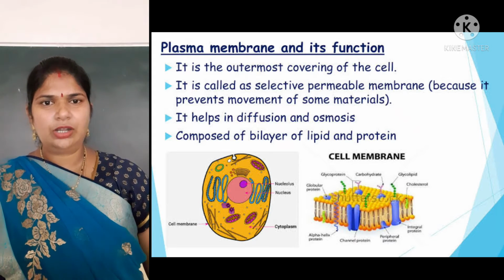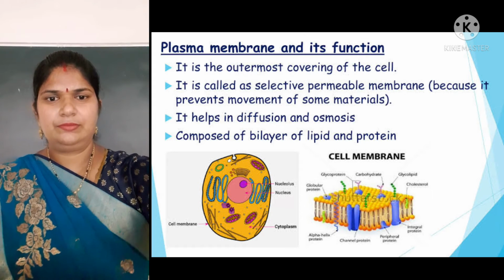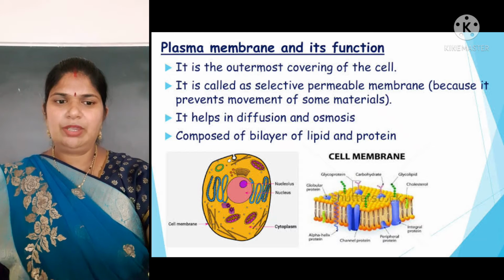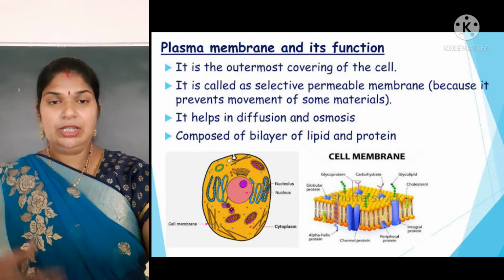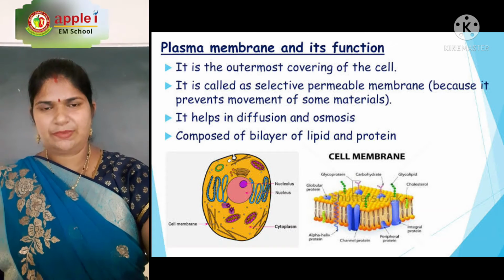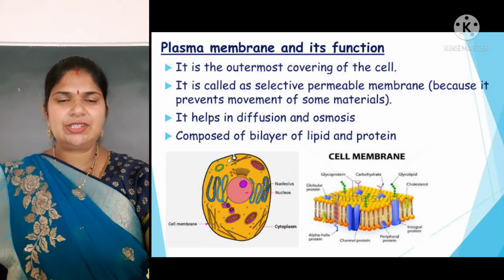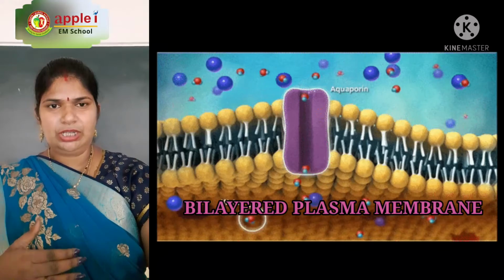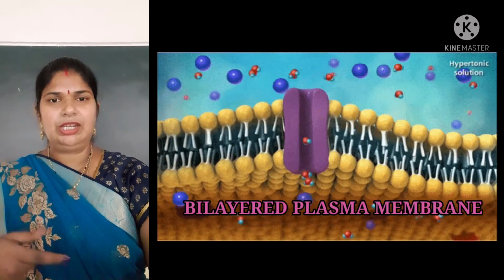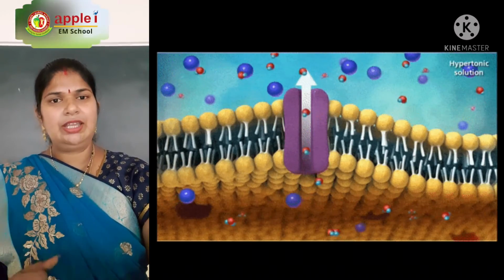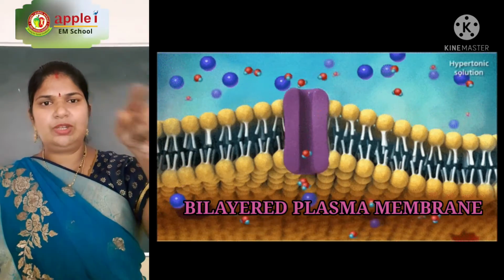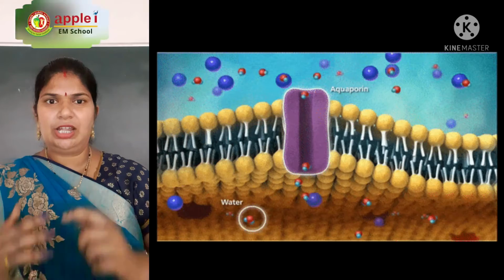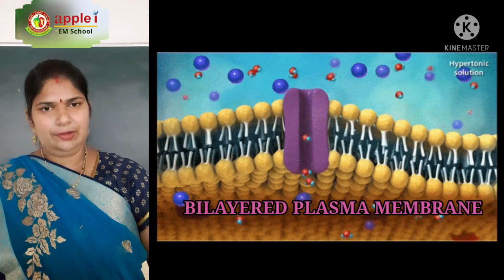This plasma membrane is composed of lipids and proteins. This lipid and protein make up the plasma membrane, which is a bilayer. Bilayer means two layers are present around the cell.